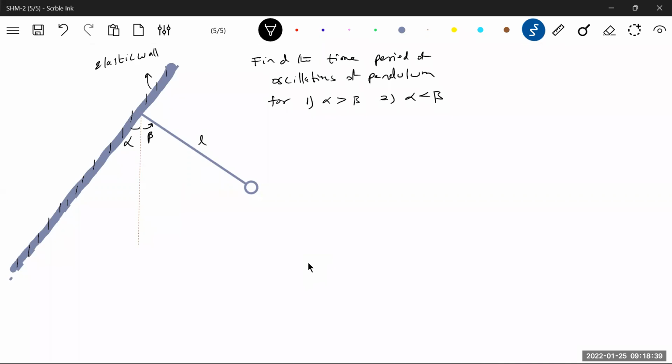If alpha is greater than beta, what does it mean? Suppose alpha is 30 degrees, beta 10 degrees. I think it will not go and collide with the wall, no?